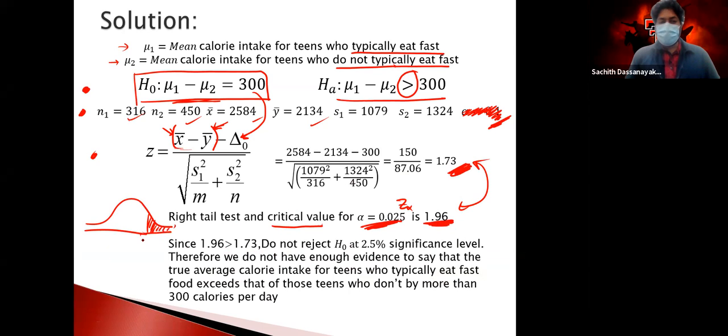Your Z alpha is somewhere here, and your test statistic value is somewhere here. So what you have to do? Do not reject, which means we do not reject H naught at this significance level, alpha 0.025. Therefore, we do not have enough evidence to support the researchers' claim.